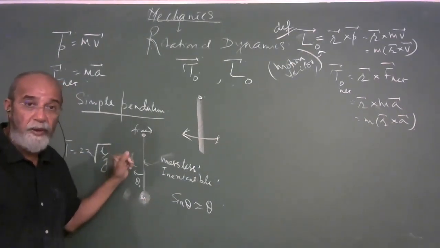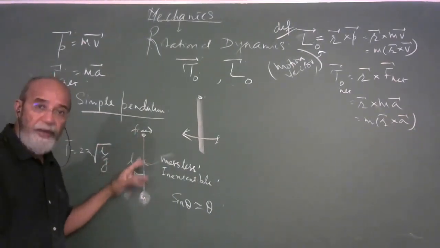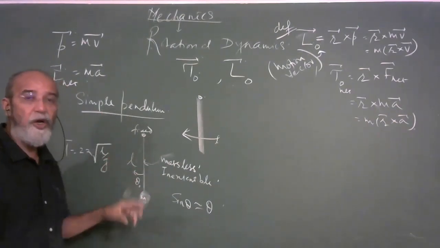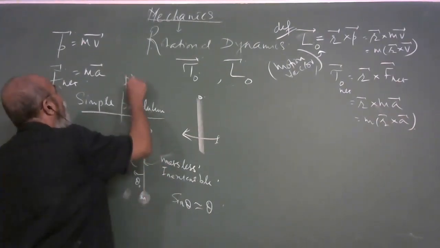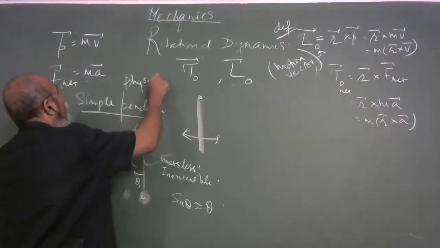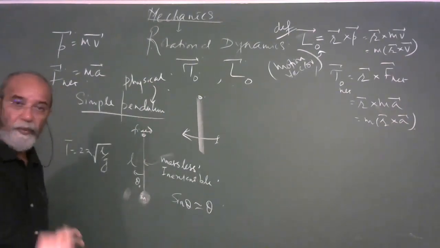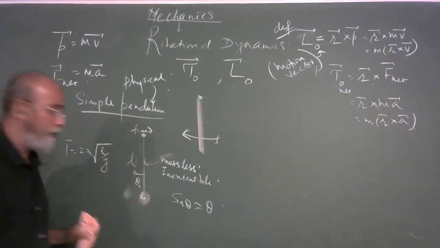The pendulum that you made in your lab is not called a simple pendulum, it's called a physical pendulum. Anything which deviates from a simple pendulum is a physical pendulum.